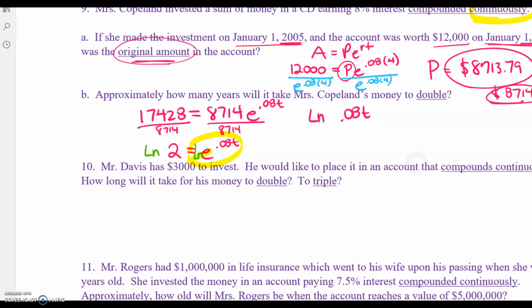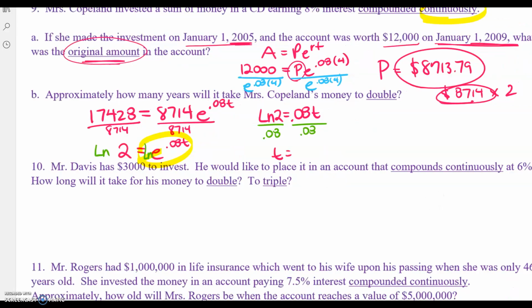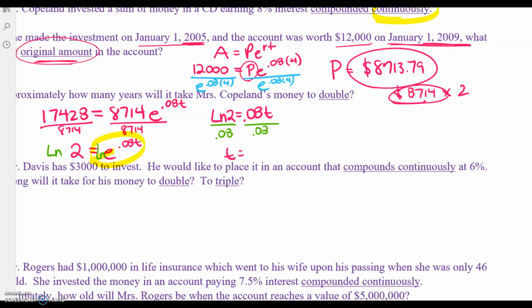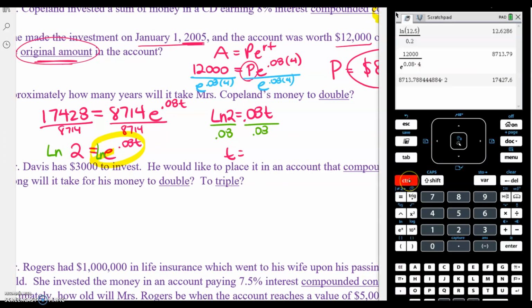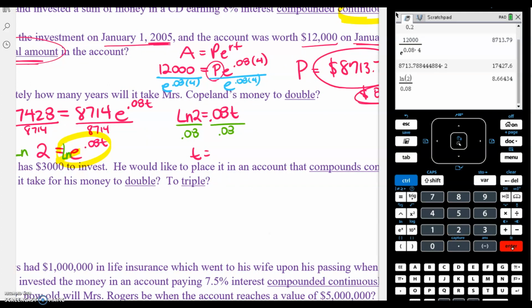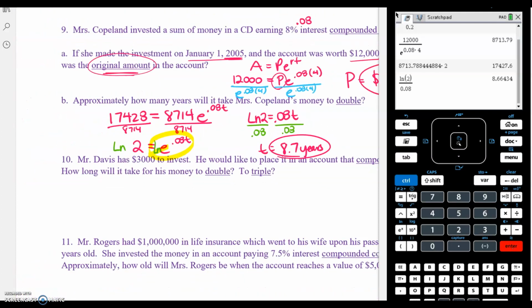I left off my 2. And so to finish solving that for t, I'm just going to simply divide both sides by 0.08. So on my calculator, I'm going to type in ln 2 divided by 0.08. And that gives me approximately 8.7 years.